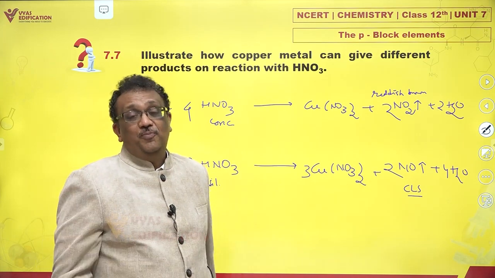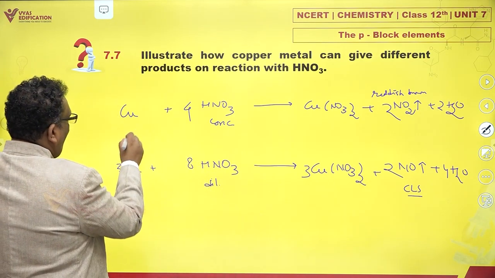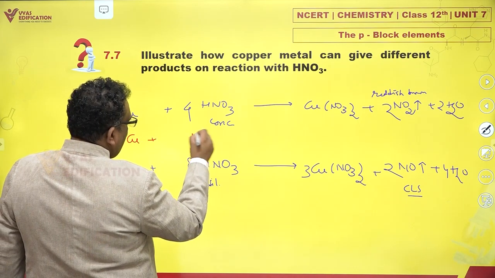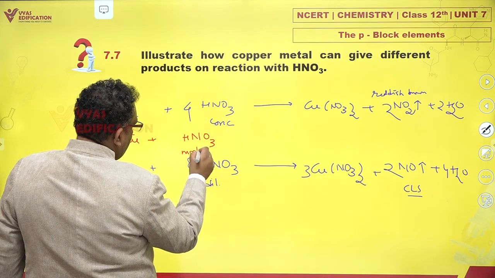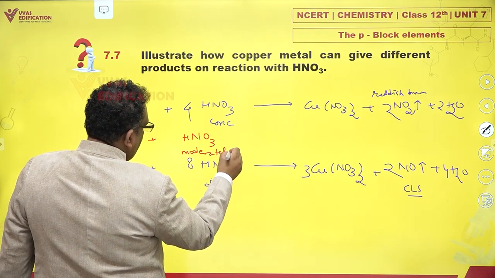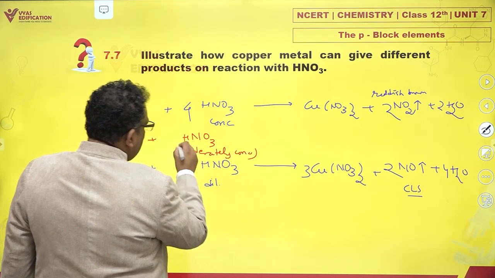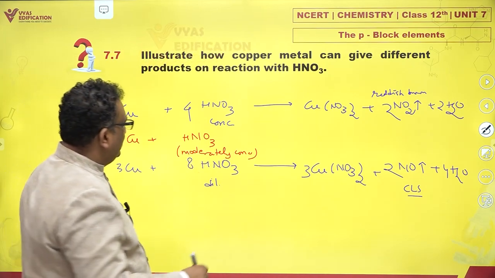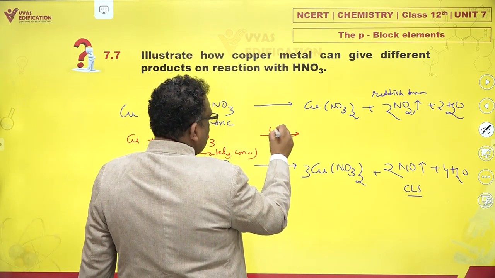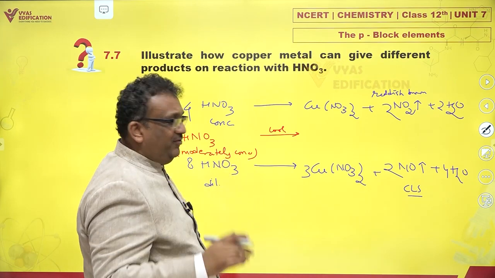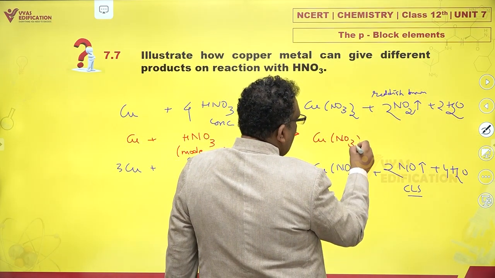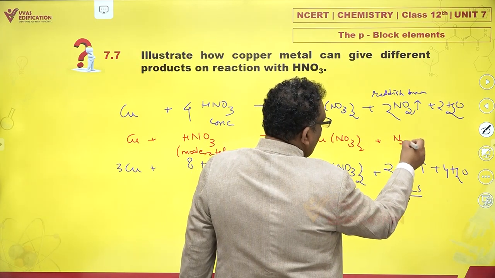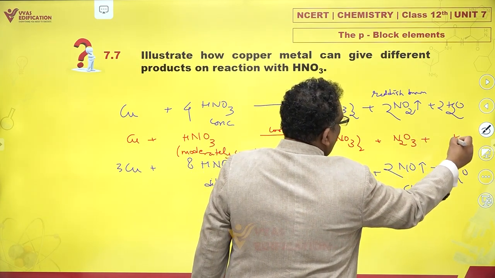I am telling you two more possible reactions. If copper reacts with moderately concentrated nitric acid, somewhere in between very dilute and very concentrated, and you cool the products, don't make it very vigorous, you get copper nitrate, yes, you get N2O3, oh my god, and you get water.